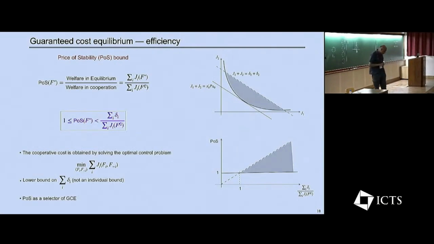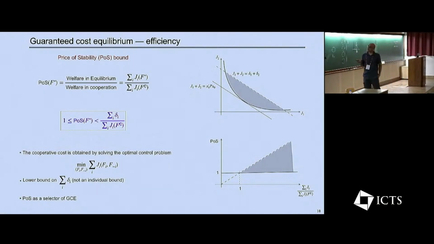Now we can also provide efficiency properties of a guaranteed cost equilibrium. In the literature we have the price of anarchy and price of stability measures to talk about the efficiency of an equilibrium. Here I use the price of stability, defined as the total cost in equilibrium divided by the total cost in cooperation.